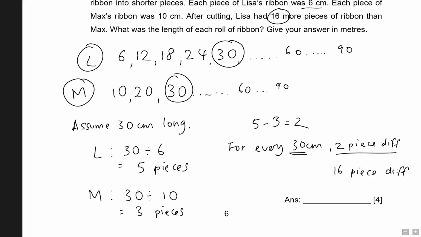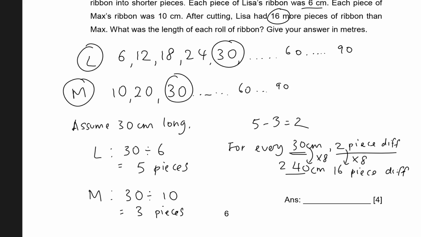You see how the 2 becomes 16, we multiply by 8. So how does 30 become the number that we want to find? 30 times 8 will be 240. So I'm very sure that the ribbon is 240 centimeter long, because if it's 240 centimeter long, then there will be 16 pieces difference between the two of them.